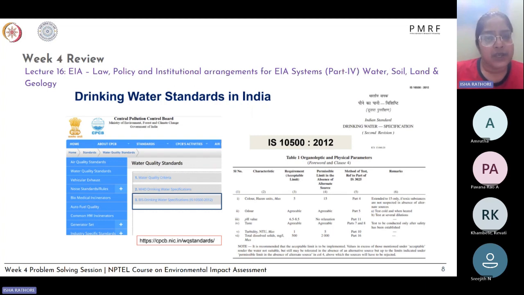Then we also looked up at drinking water standards in India. So we have the CPCB, which gives us the BIS drinking water specification, which is the Indian standard 10500, which was passed in year 2012.